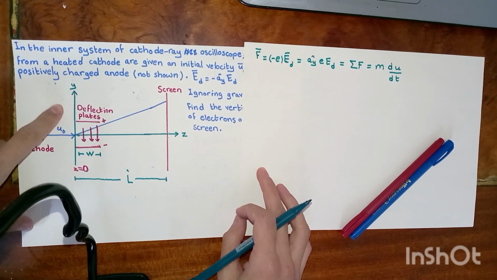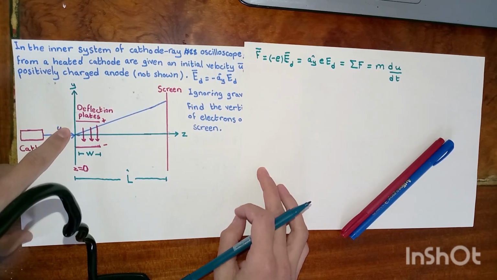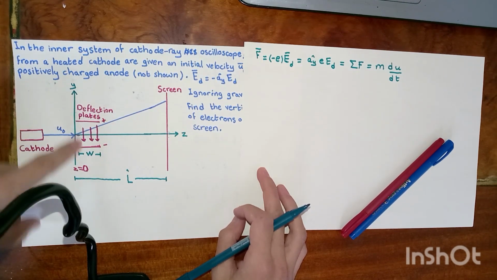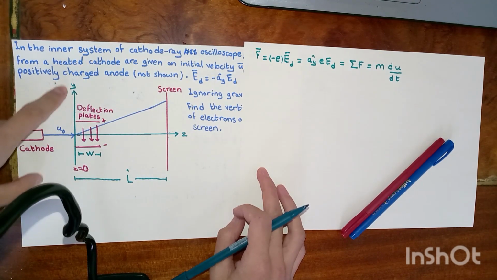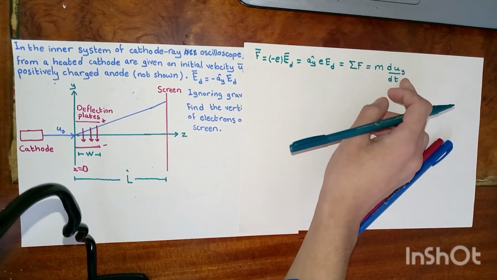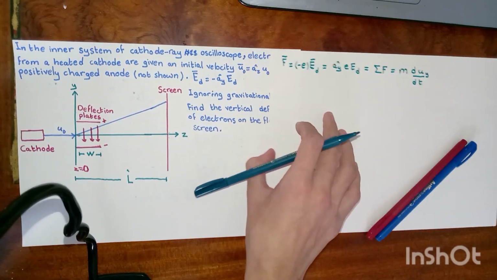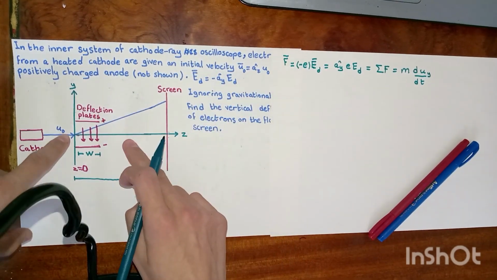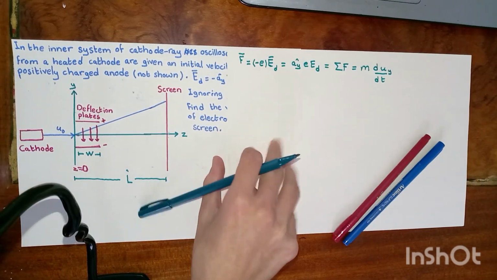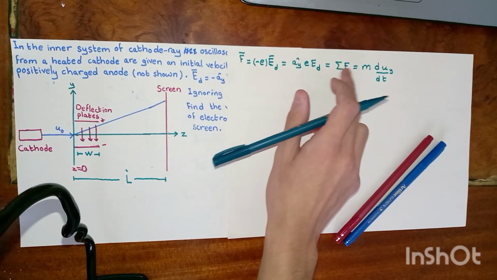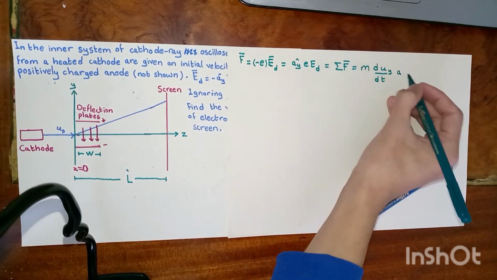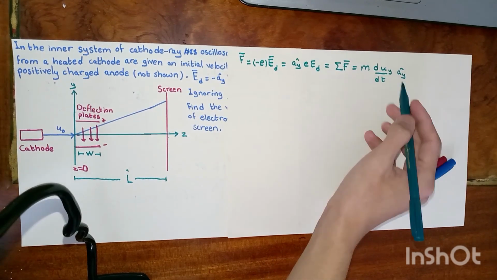Due to the electrical field, these electrons are going to deviate upward. It's going to deviate vertically toward the y direction, so I will add this y subscript in order to distinguish it from the initial velocity, which is toward the z direction. Anyways, now we can divide, and of course this is a vector also, toward the y direction.